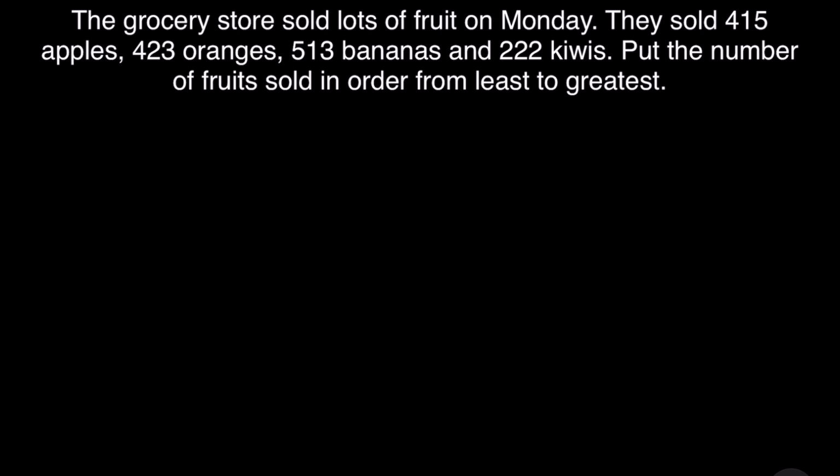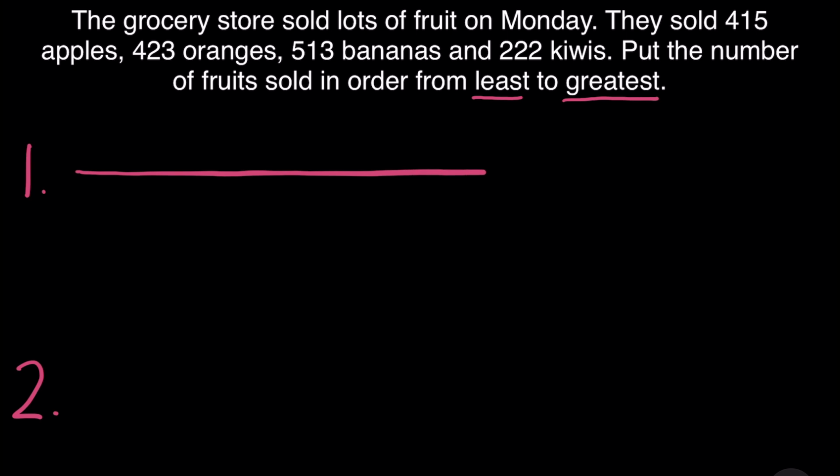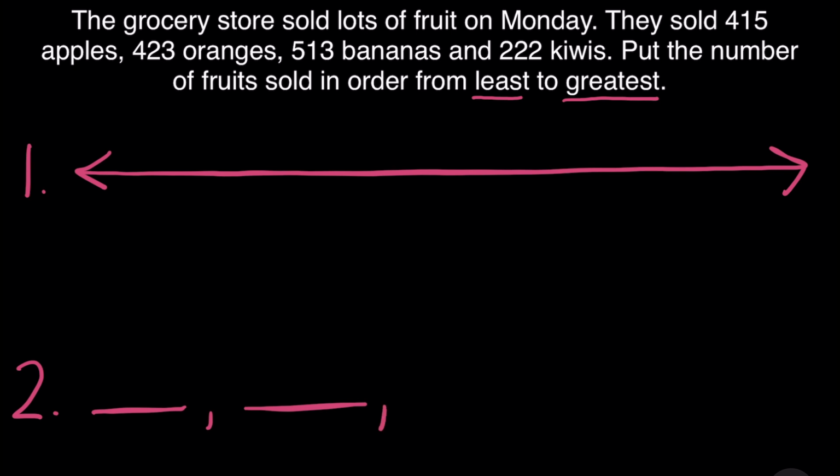Least to greatest. So I'm starting with the smallest number and going to the biggest number. I know two ways to do that. I can do that either with an open number line, or I can list the numbers in order with commas in between the numbers. Go ahead and pause the video and write these two things down.